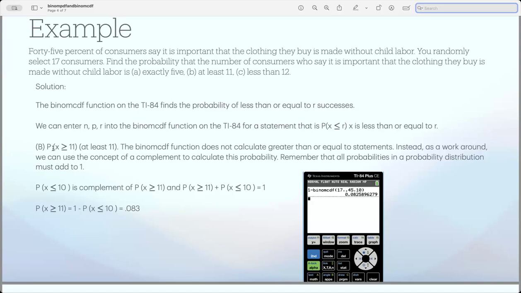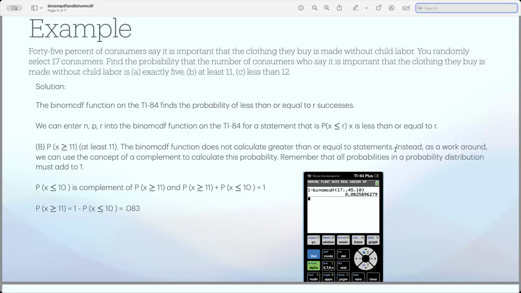This wording for part B, the probability that X is at least 11, is a greater than or equal to statement. So the BinomCDF function does not calculate greater than or equal to statements.